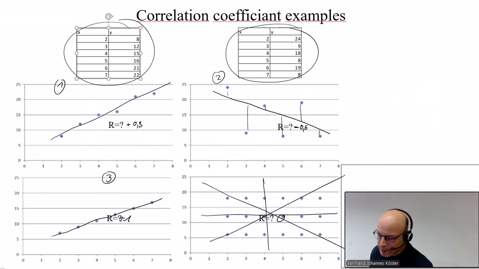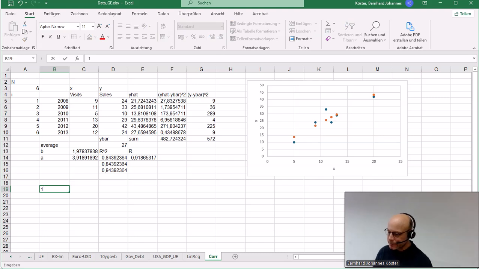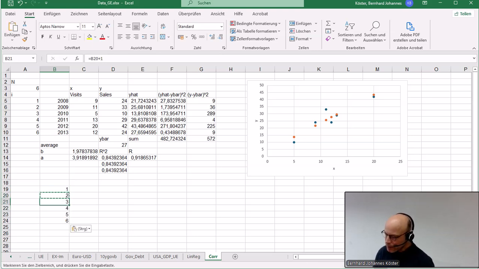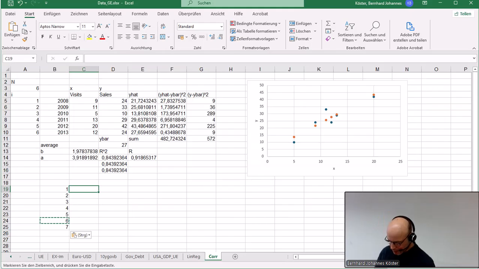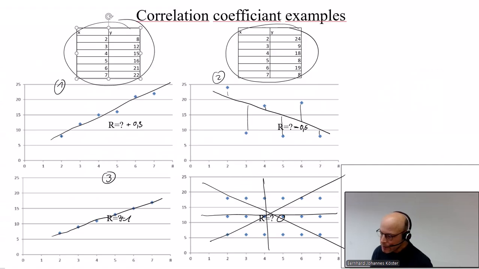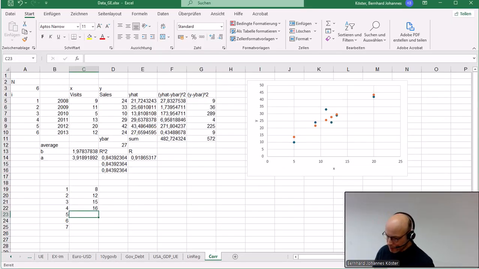So 1, 2, 3, 4, 5, 6, 7, and we have 8, 12, 15, 16, 21, 22, but we are starting at 2.